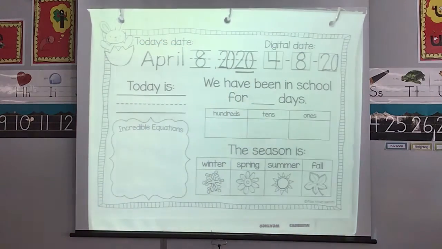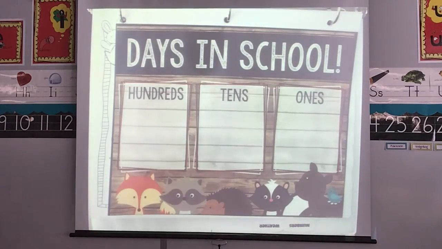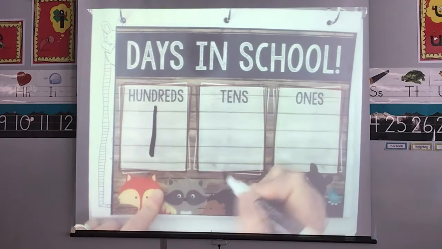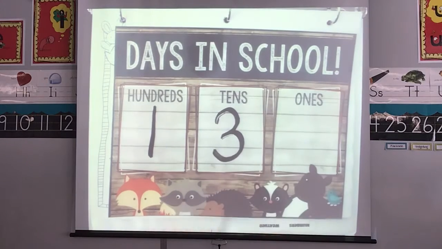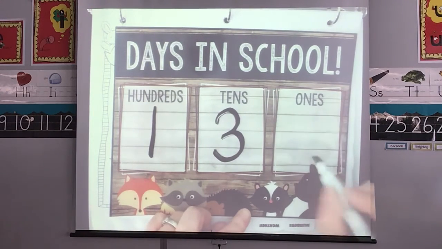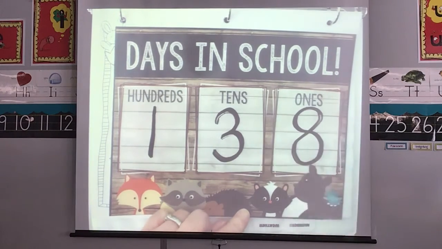Okay, let's go ahead and write that in on our dry erase. So we had one big blue 100. We had 3 of the green 10s around a tree, and that's how we make a 3. And then we had 8 of the little ones. Again, big capital S, and reach it back up and around.